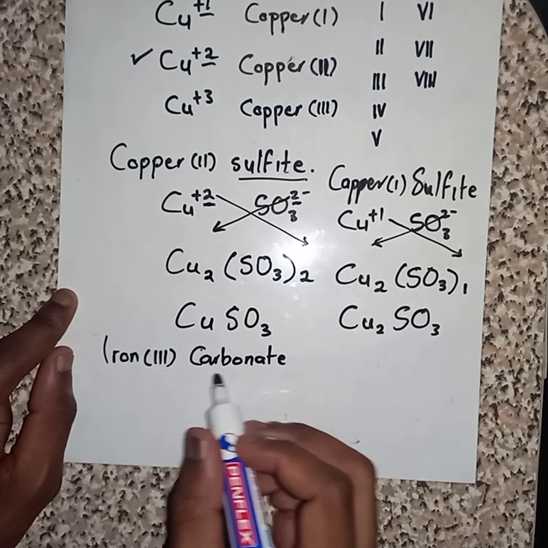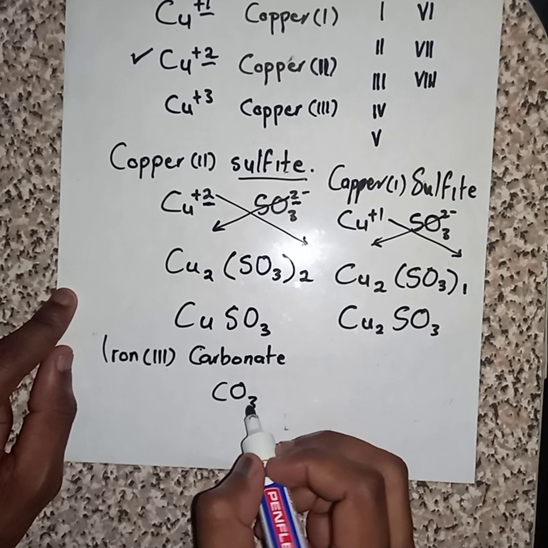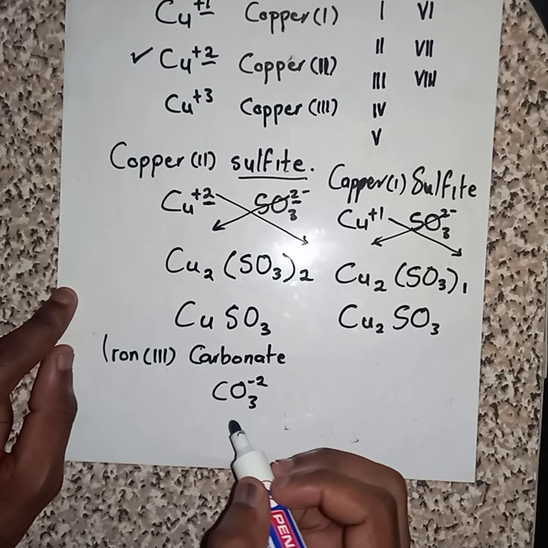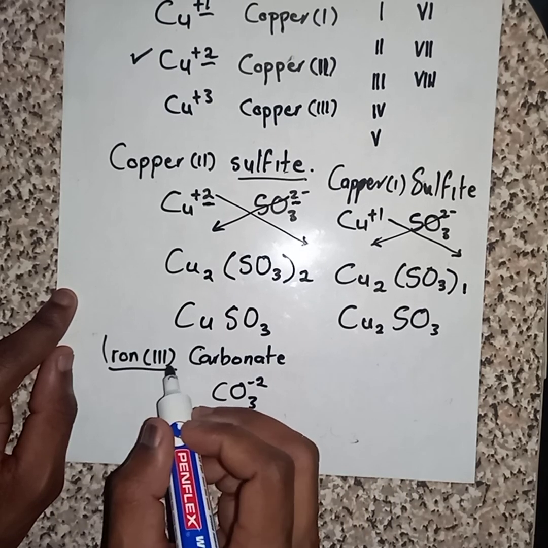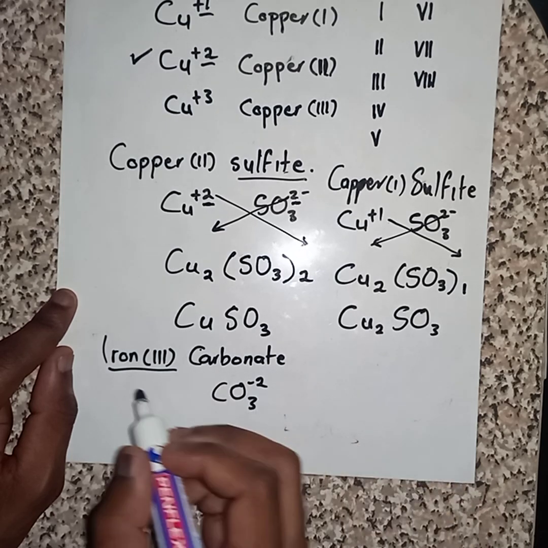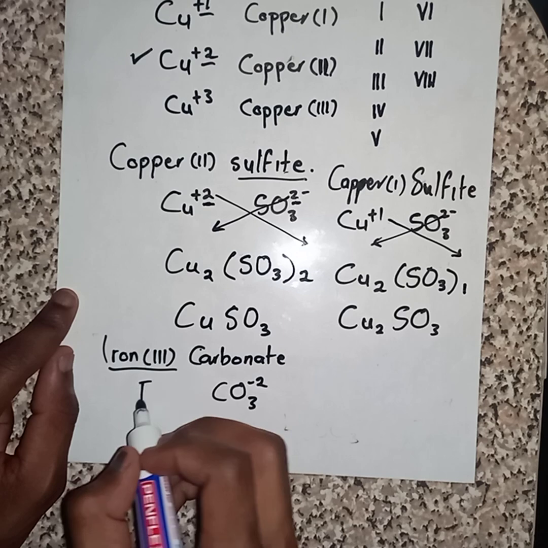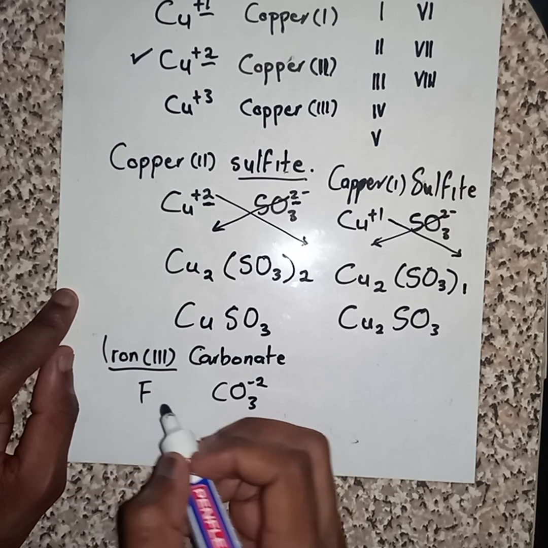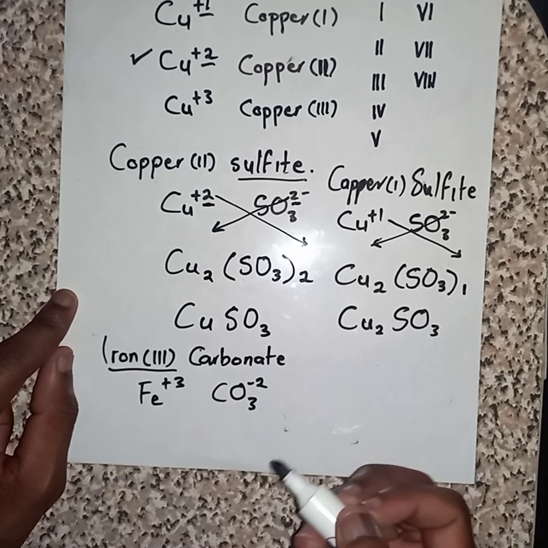Do you still remember the polyatomic ion of carbonate? It's CO3 minus 2. Then iron 3. By these Roman numerals, we know that iron is going to be our transition metal, which has its ion Fe plus 3.